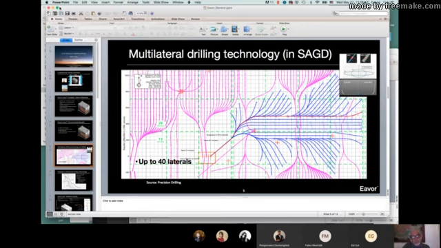And since, because of shale gas, the cost of drilling has dropped down tremendously with the shale gas technology, then you're able to build this system in a very efficient way.